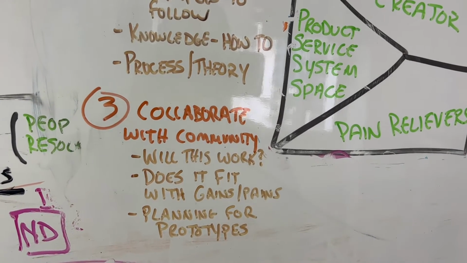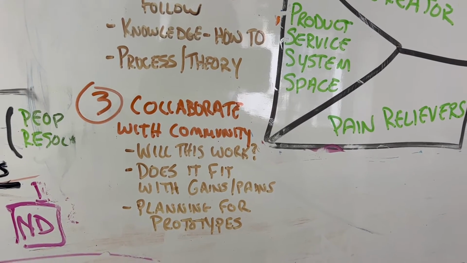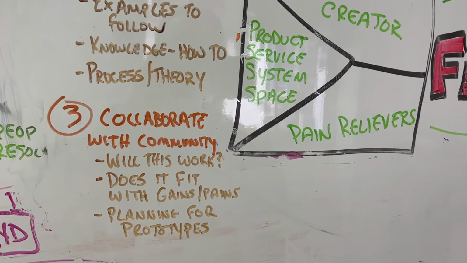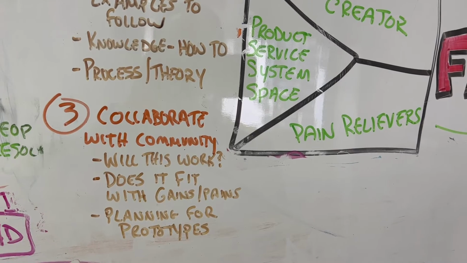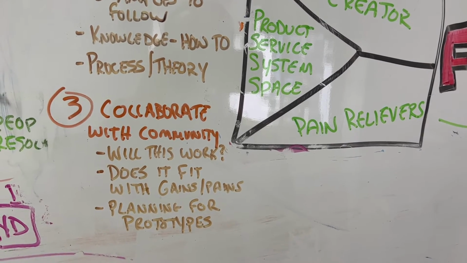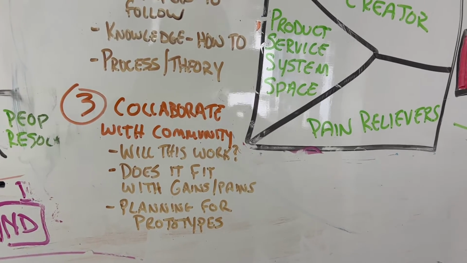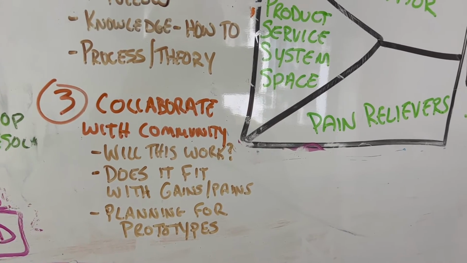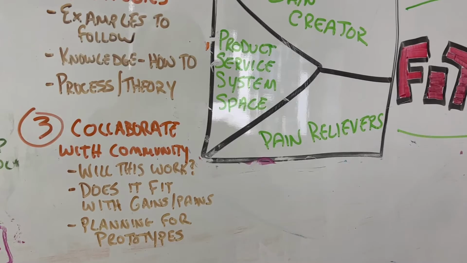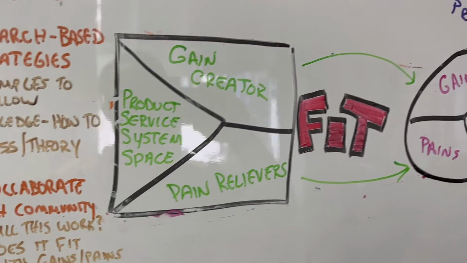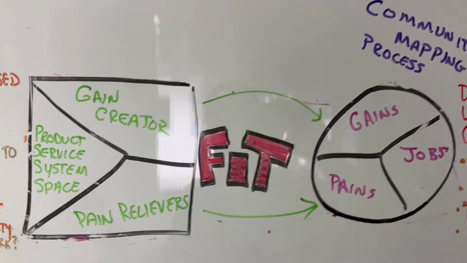And so with that, we also need to maybe consider planning for prototypes. So it may be that we're not going to have the prototype right now and we're not going to be putting that into our proposal, but I'm going to plan to have several iterations or versions of this so that I can best create something that actually will relieve pains and create gains.